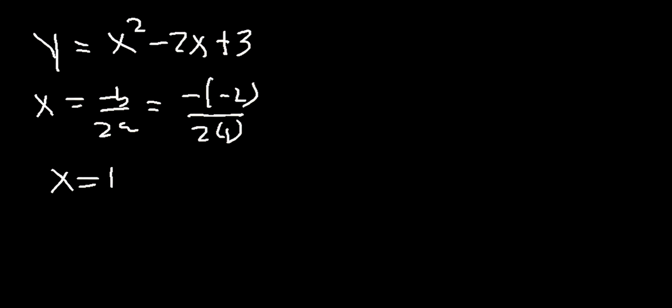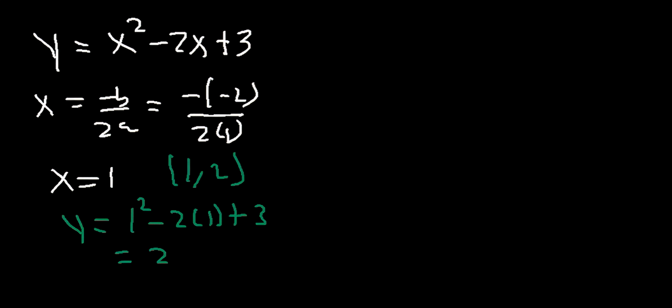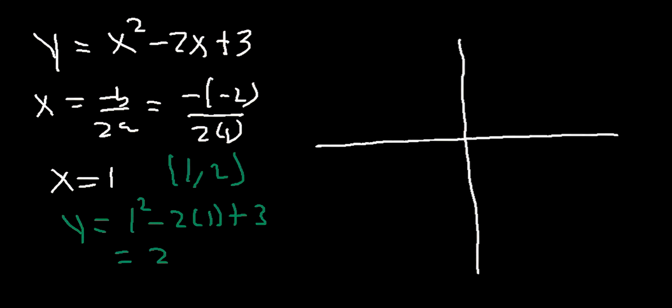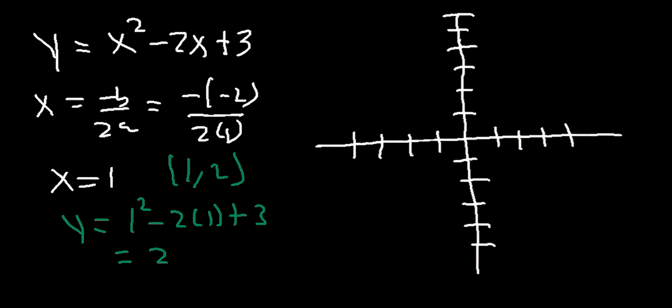So if you plug in 1 for x, you get 1 squared minus 2 times 1 plus 3. That's 4 minus 2, which is 2. So we got the point 1, 2. So our graph is initially right here.